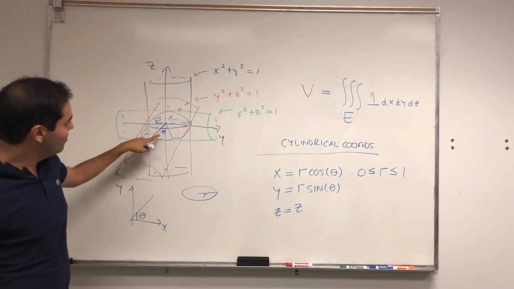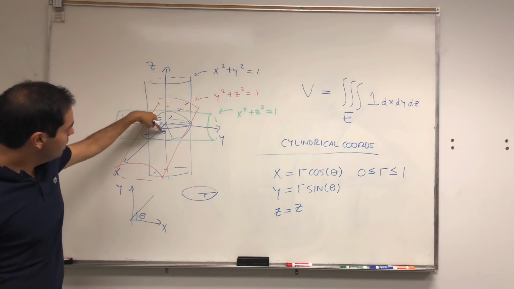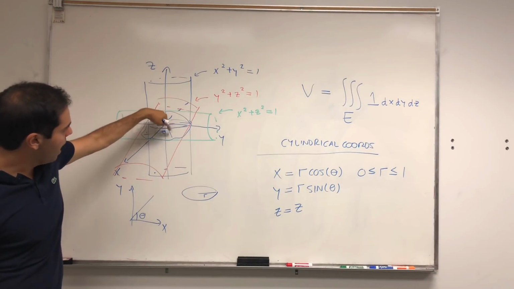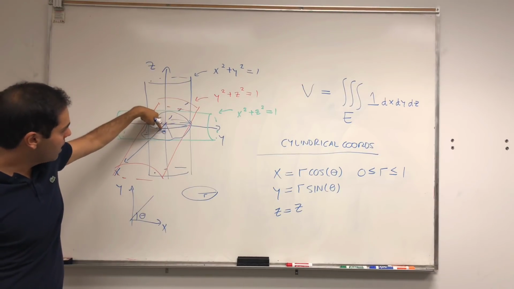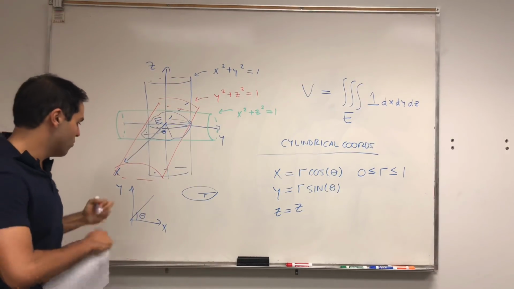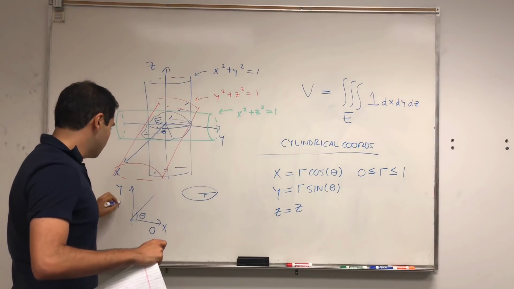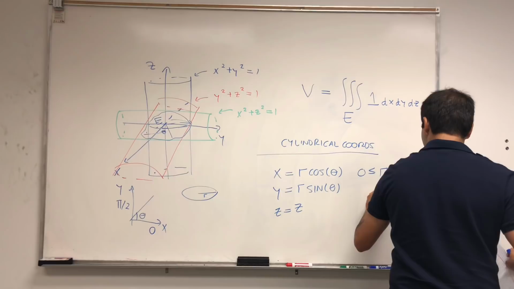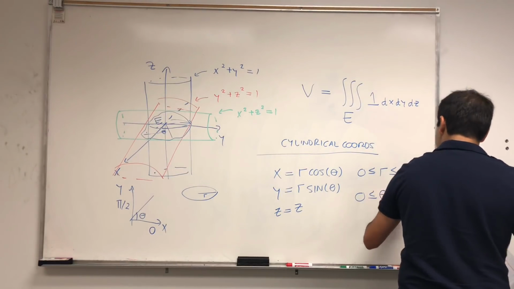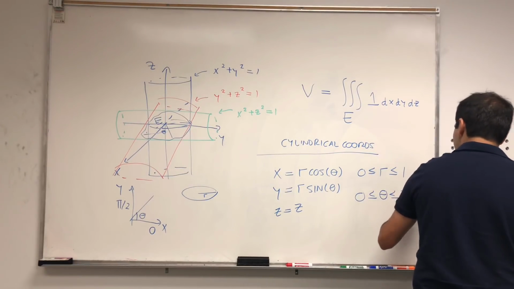In this first octant, the angle isn't between 0 and 2 pi, it's actually just between 0 and pi over 2. Because that corresponds to 0 and that corresponds to pi over 2. So theta is between 0 and pi over 2.